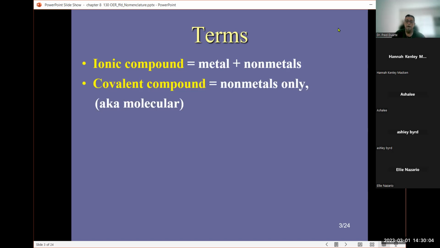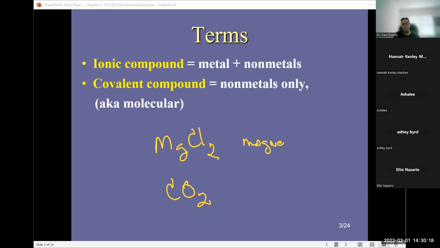Now, what do I mean? Let's do a quick example. We have MgCl2 versus CO2. MgCl2 is said to be magnesium, and then it's chloride, not chlorine. It's chloride because the chlorine became the ion chloride. Okay. Now we didn't call this dichloride, just simply magnesium chloride.